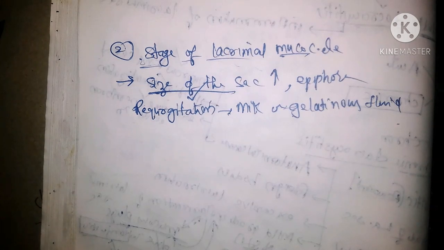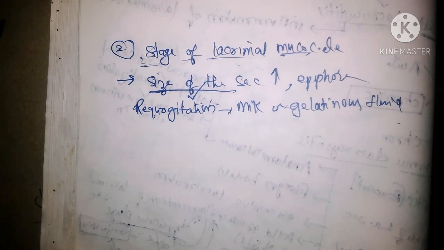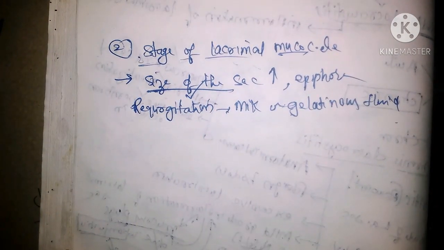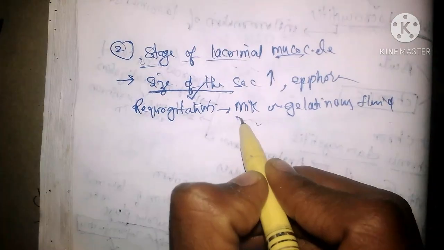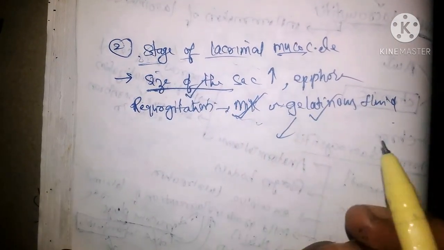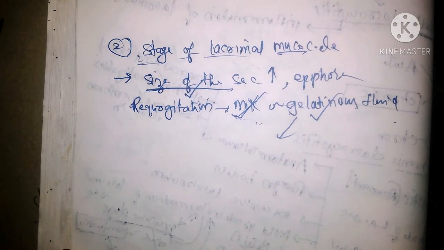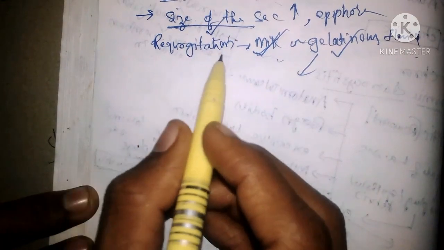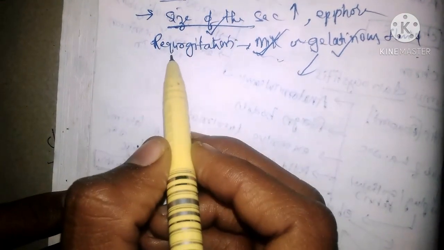The degree of inflammation will also increase, and the accumulation will also increase. When you do regurgitation test, you will see that milk or gelatinous fluid comes out from the lower punctum. Clear? These are the first findings in second stage.